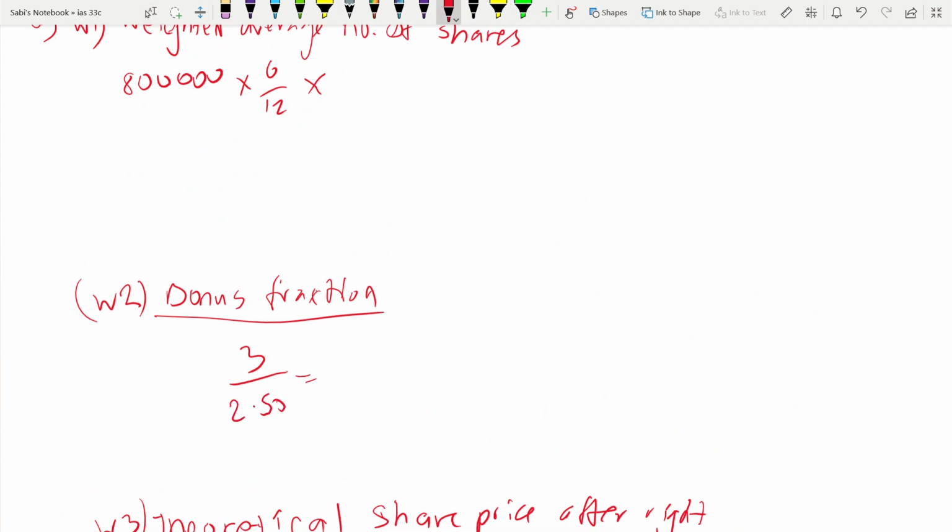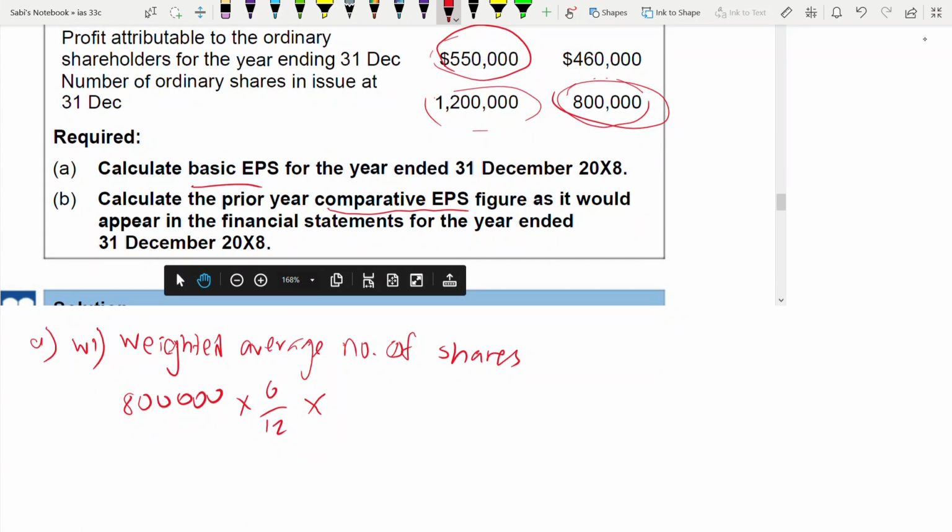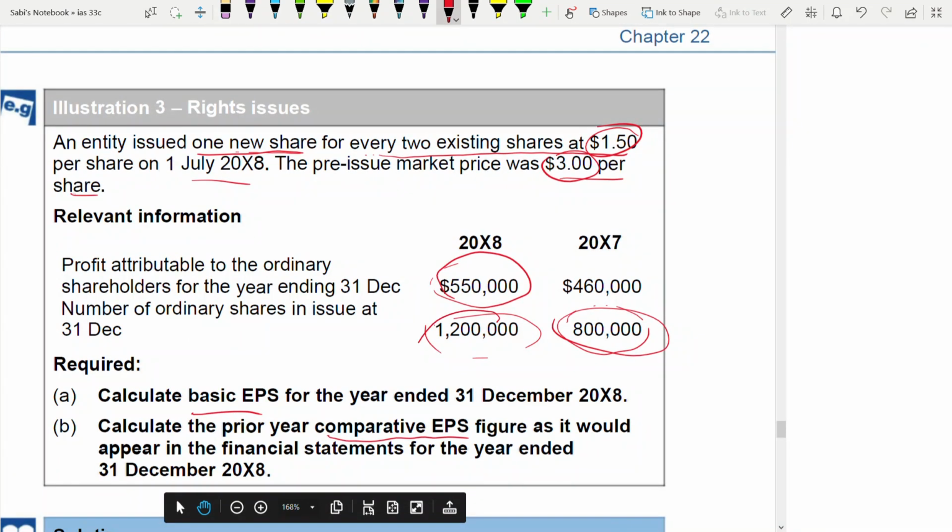Okay, the bonus fraction will be this, right? 3 divided by 2.5. This is the bonus fraction. So this we take here and multiply it with this. 3 divided by 2.50. And hence we are getting the number of shares, 480,000. For the remaining 6 months, this 1.2 million, you have nothing to do.